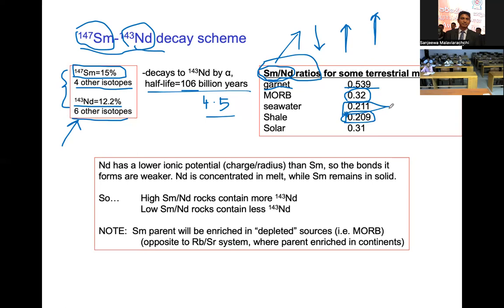A lot of sediments are deposited in ocean floors. If you take the carbonates also, they will show you values very close to these. Okay, and the solar system, what is it? The planetary bodies, our solar system as a whole, contain this amount of samarium neodymium ratio.